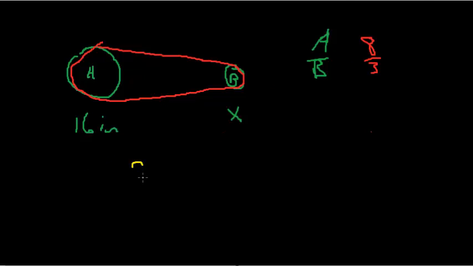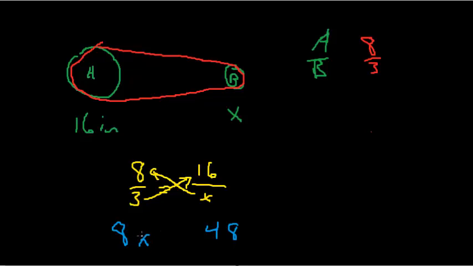So I know 8 to 3 has to be the same as the ratio of A to B, 16 to my unknown x. So here, 3 times 16, that gives me 48, and x times 8 gives me 8x.